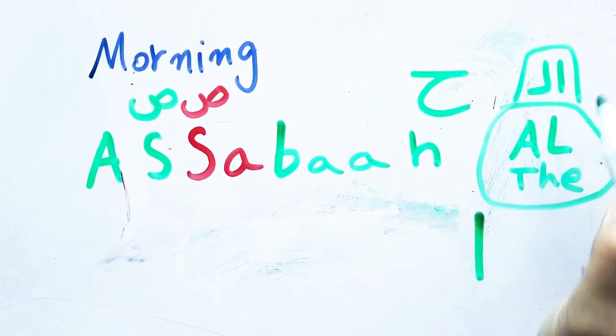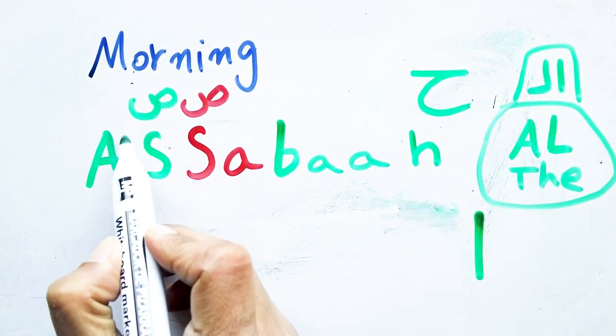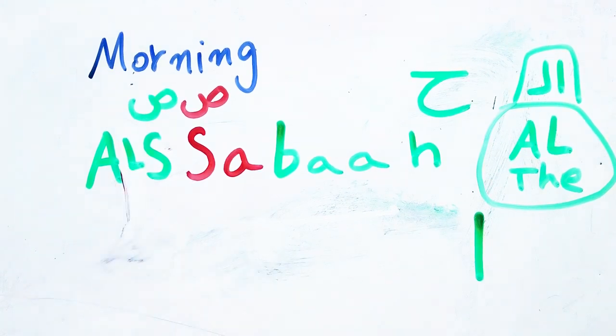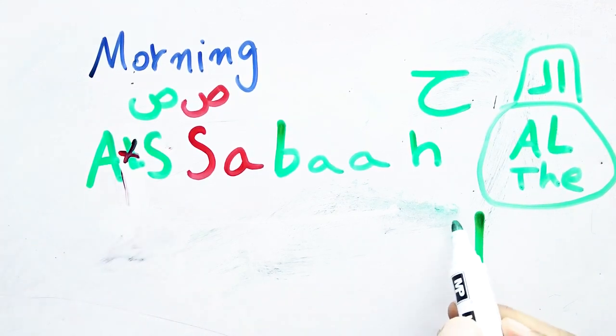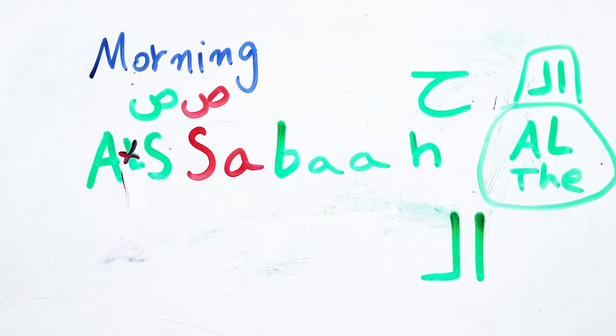Let's add it here too. So we have here lam, but let's add this cross on it. We are going to drop it. We don't pronounce it. The same thing here.